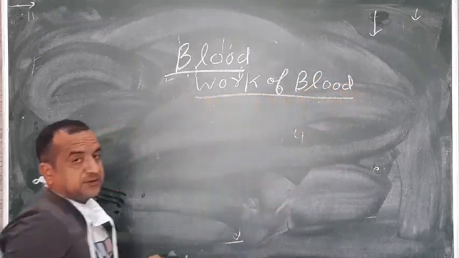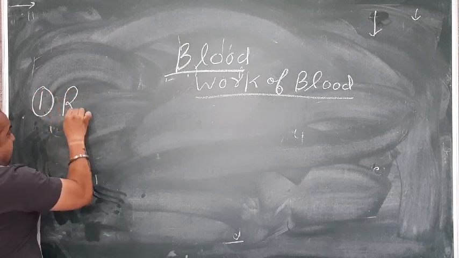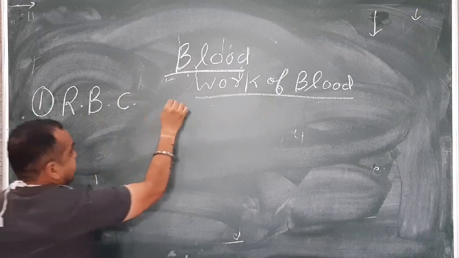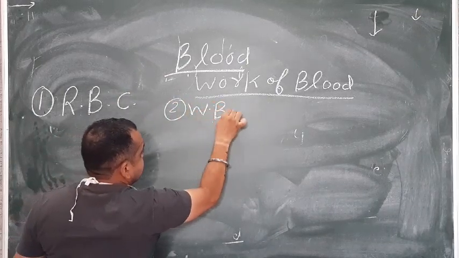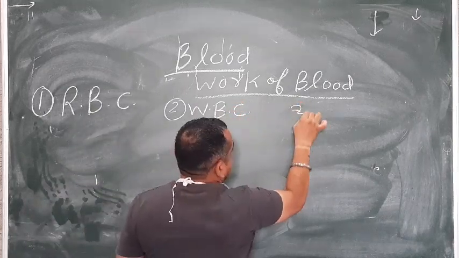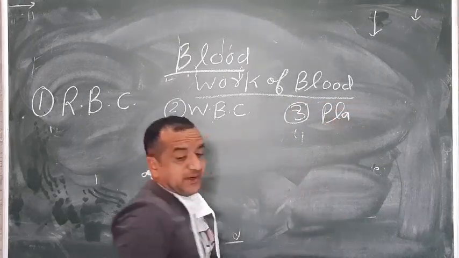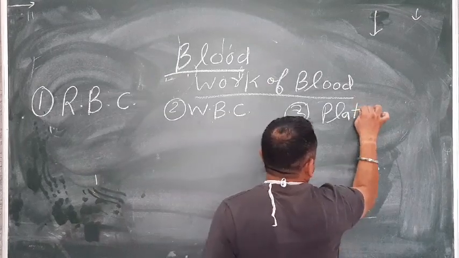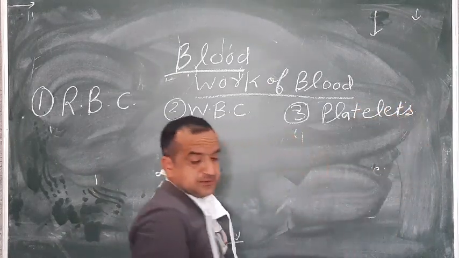First, we know blood is divided into three parts. The first is RBC, the second is WBC, and the third is platelets.